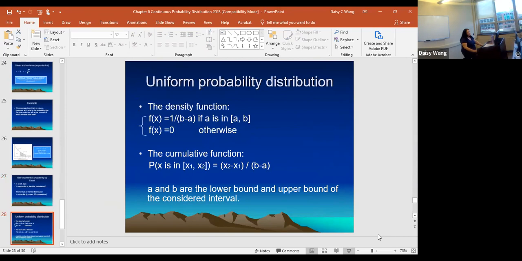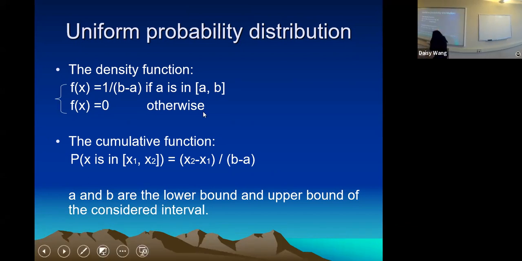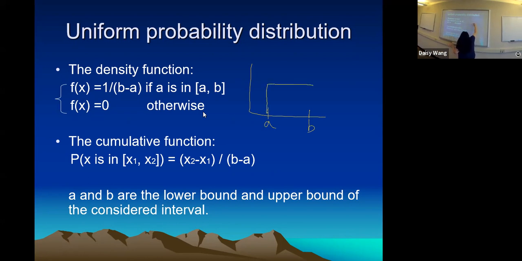So the easiest one is the uniform probability distribution. Basically it's the area. This is a, this is b. For x, as long as x is between a and b, the probability is this much.